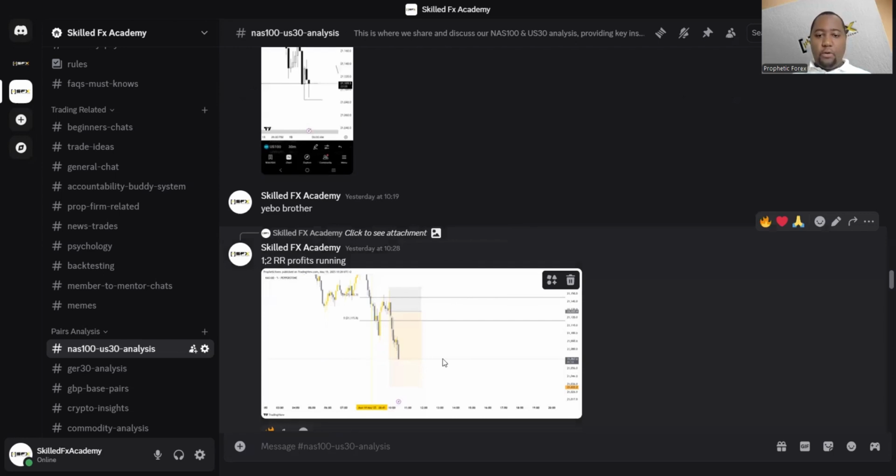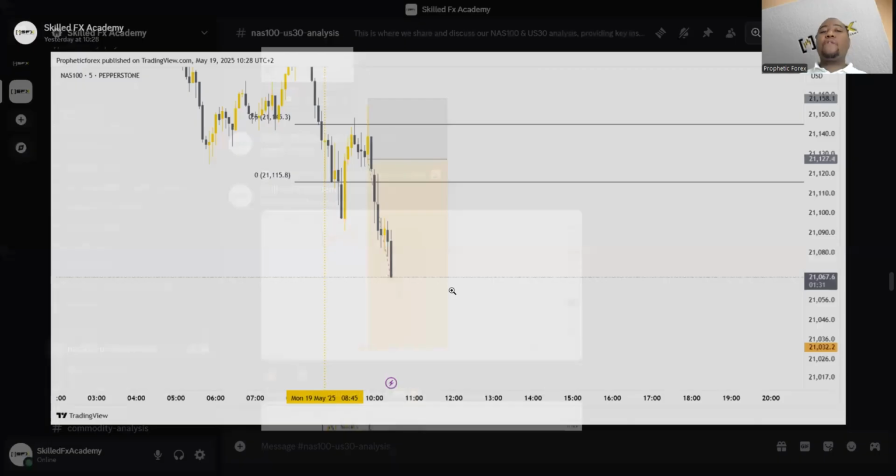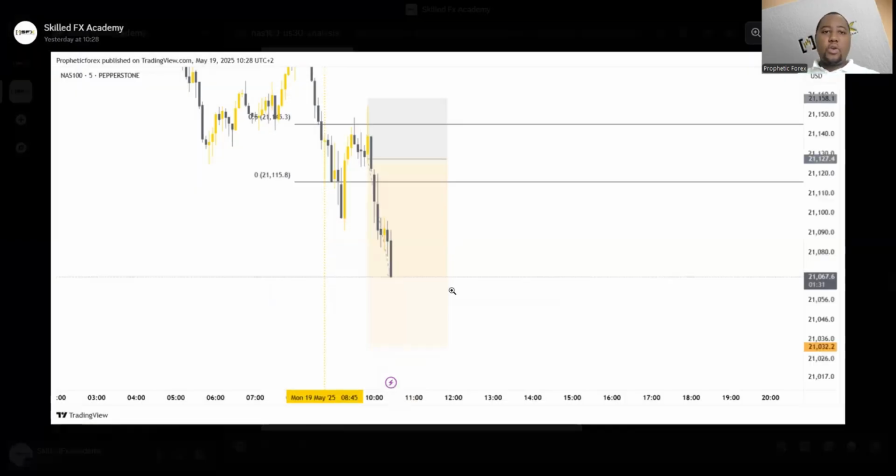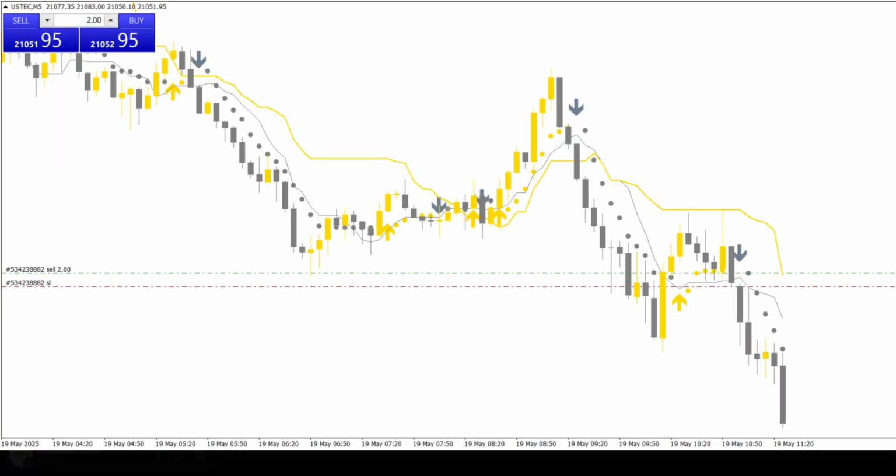Of course, I also got the same trade over here. I got a confirmation, guys, on my very own system. As I had sold over here, I had more confluence to make sure I get this trade right. I created a system when I was away from the market. Many of you know that I was not mentally in the right space to trade, because price action requires precision and laser focus.